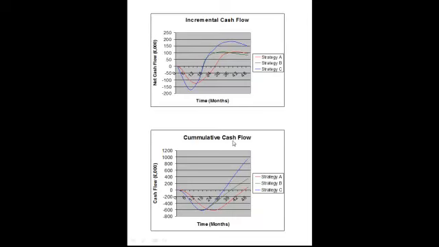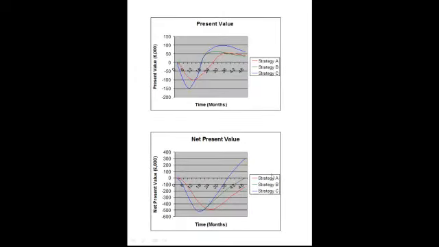If we look at the cumulative cash flow, again from the tables that we've looked at, you can see again project A just going positive, project B, project C, a better performance. And if we look at the present values, again project A, project B, project C, obviously better, and the net present values where project A was always negative, project B just about zero, and project C a healthy surplus.